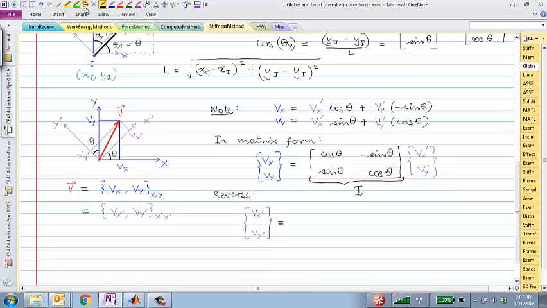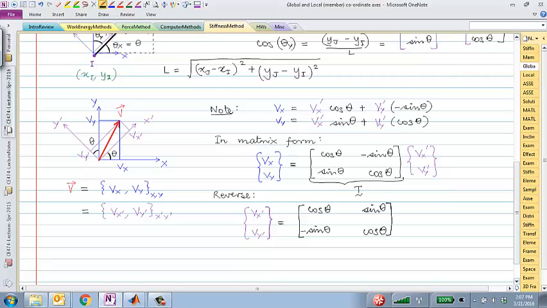Cosine square minus minus sine square theta. So cosine square plus sine square, that's 1. So that's really easy to invert. And this is an orthogonal matrix. So its inverse is simply its transpose, which means I keep the diagonals as they are and just move the off diagonals to their other positions.